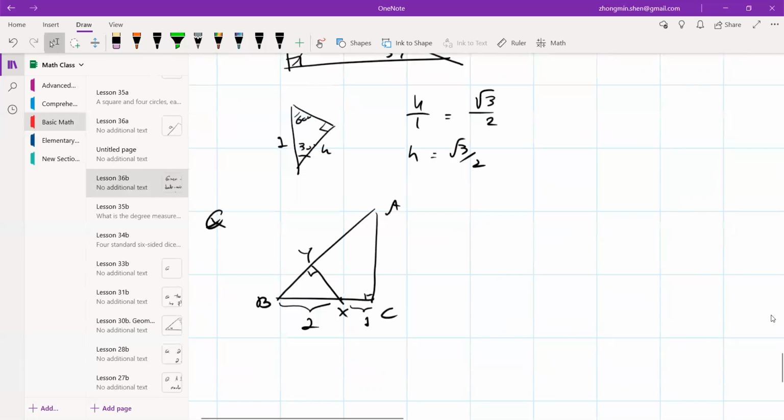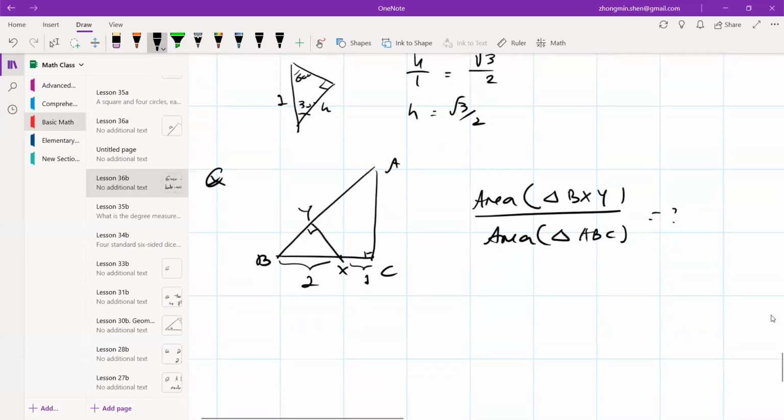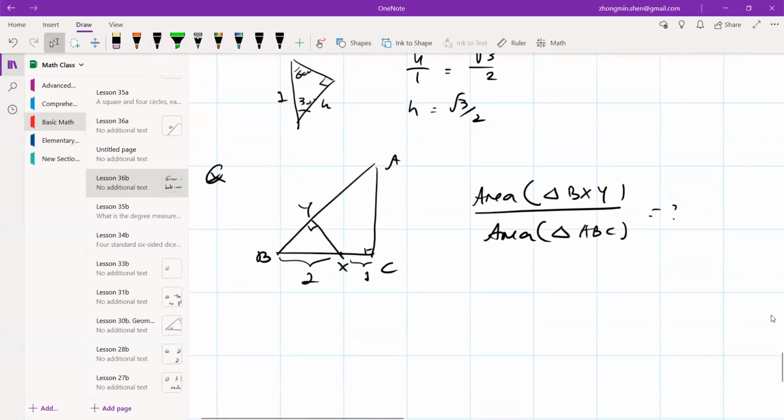We're going to find the ratio of the area of the triangle BXY over the area of the triangle ABC. So you have 2 triangles there, right? BXY and ABC. ABC is a large triangle.